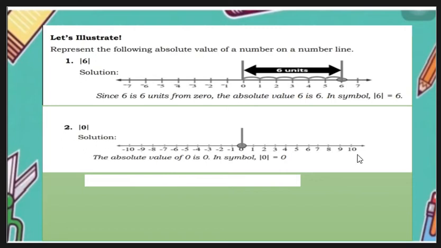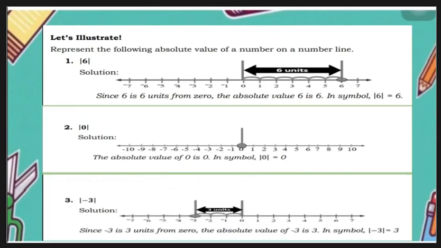Next, we have the absolute value of 0. Using the number line, the absolute value of 0 is 0. In symbol, absolute value of 0 is equal to 0. Of course, since 0, you can see this point in 0. Okay? Next, the absolute value of negative 3. In this number line, negative 3 is found on the left side.